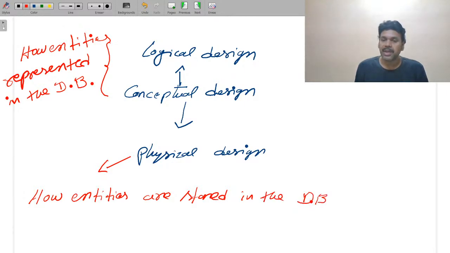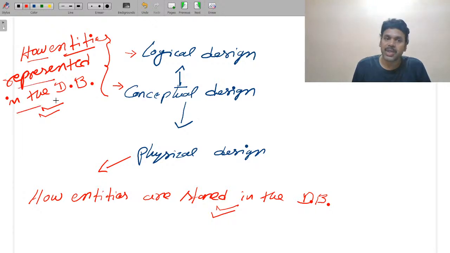So two different varieties: one is the representation, the other one is how you are able to store. So while you are talking about logical schema or logical design and conceptual design, they mainly see how entities are represented in the database.